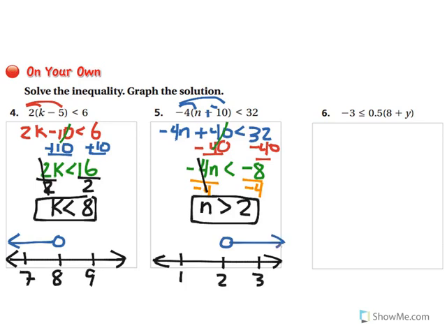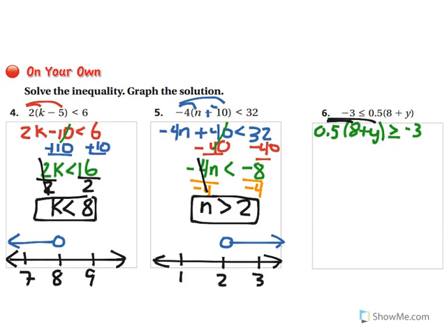Okay. Finally, for our last problem here, number 6, I'm going to go ahead and flip my sides right away. So I'm going to have 0.5 parentheses 8 plus y, and then the greater than is facing it, so it's going to be greater than or equal to negative 3.